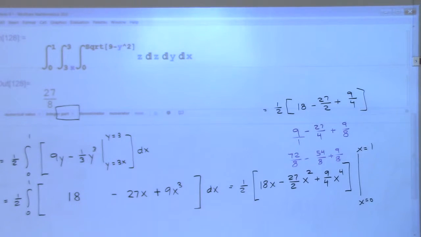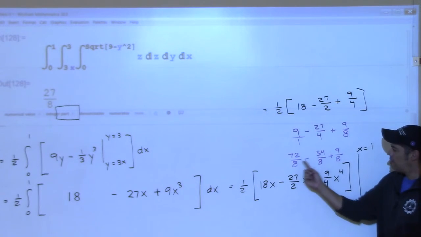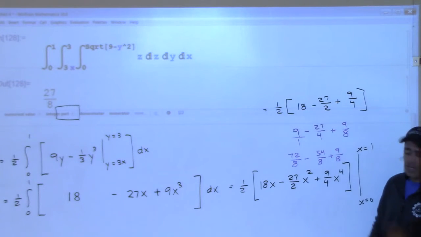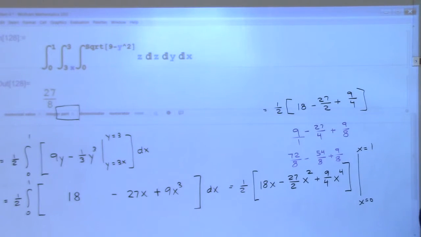Again, this is arithmetic. 18, 8, 9, 18, 9. Something ain't right. Hold on. No, that's right. All right. What's this? These two together, 18? Yeah, that's 18/8 plus 9/8. That's 27/8. Okay. So we got the answer, right? So it makes us feel good.